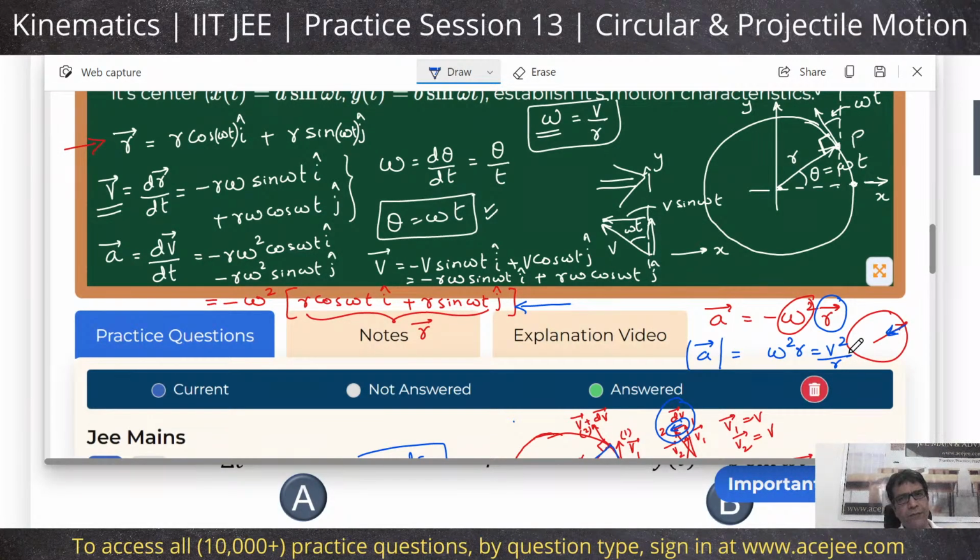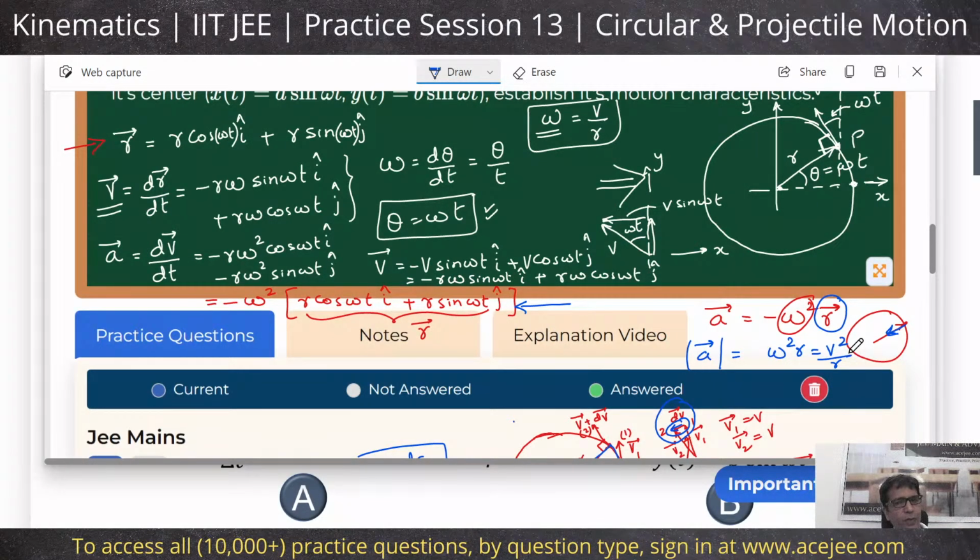So we have looked at a scenario of a particle moving along a circular path at constant speed, and we have been able to write down the expression for its position vector, its velocity vector, its acceleration vector. And we have established that the magnitude of the acceleration vector is v square by r or omega square r. Now, this is one of the very important things in physics that you will encounter everywhere, no matter electrostatics, magnetics, it'll just keep coming.